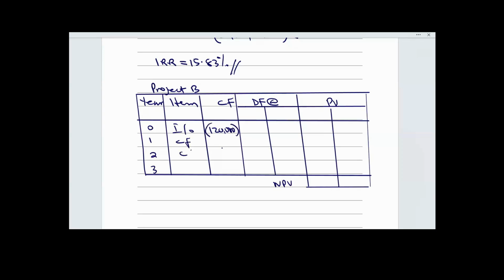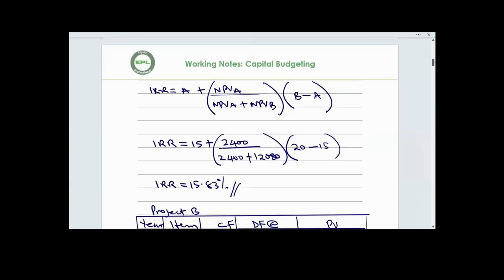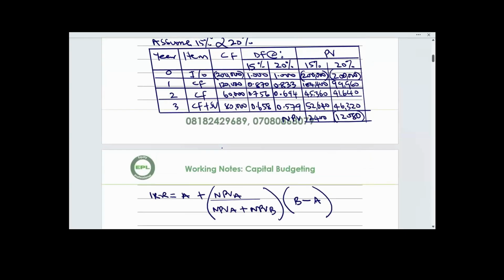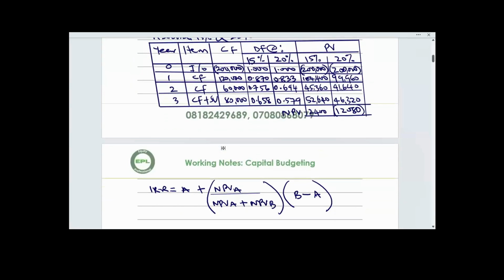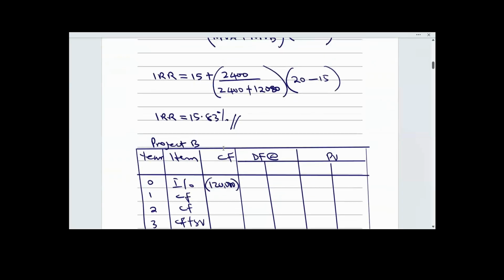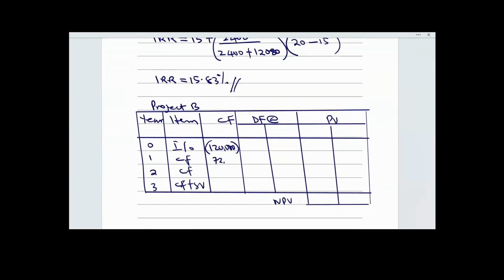The cash inflow of project B for year 1, we got 72,000. Year 2, 32,000. Year 3, 44,000 plus 12,000, that's 56,000. Okay, so we're assuming 15%. We also assume 20%.